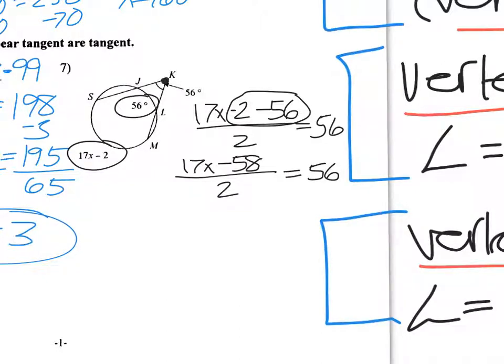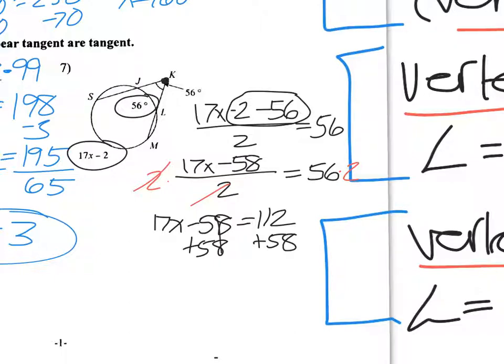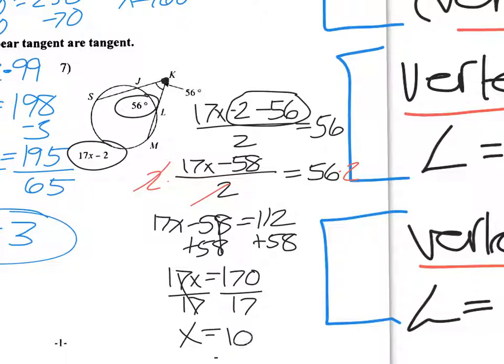Again, let's get rid of that 2 by multiplying. So I get 17x minus 58 equals 112. Then I'm going to add 58. So I get 17x equals 170, divided by 17. So that's going to give me x is 10.